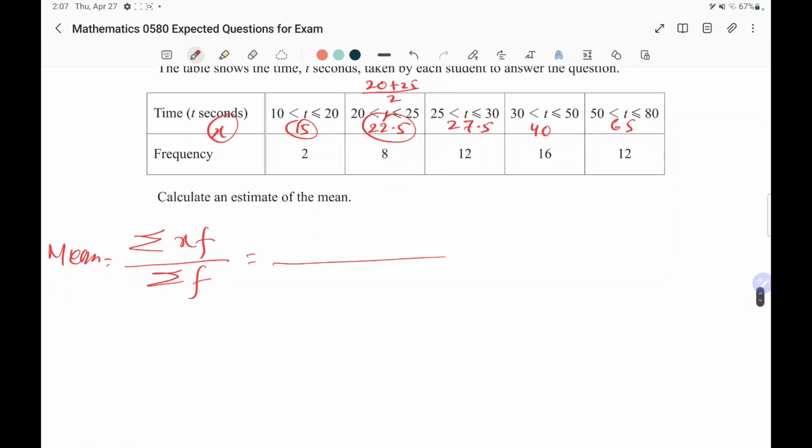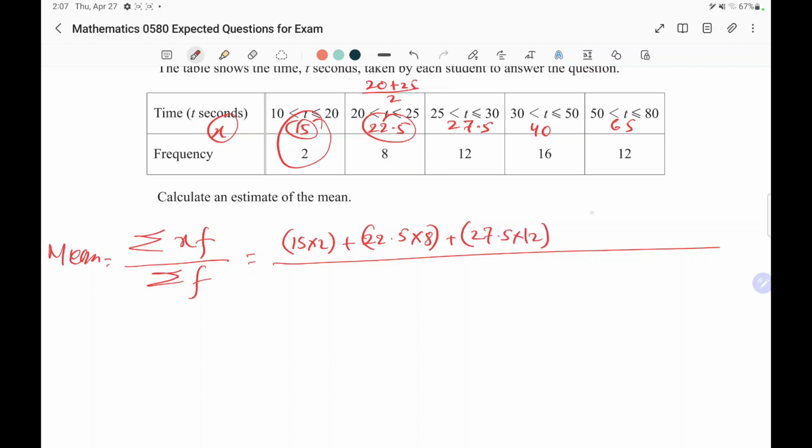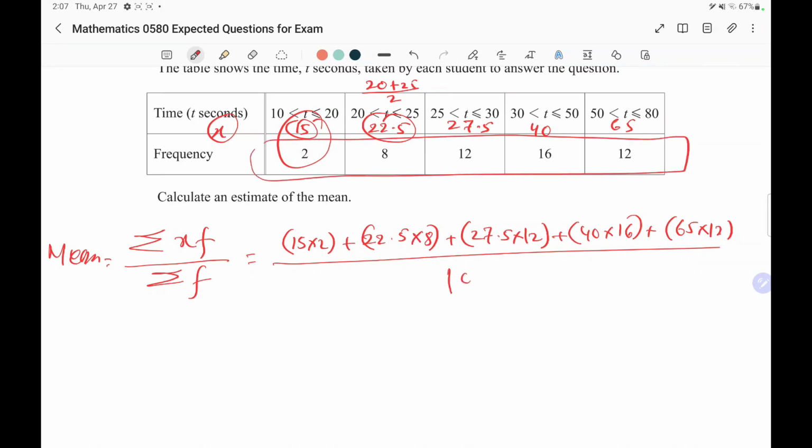After getting the x values, just multiply x and f and add, like 15 times 2 plus 22.5 times 8, then 27.5 times 12, then 40 times 16, then 65 times 12, and over the addition of all frequencies, which is 100.